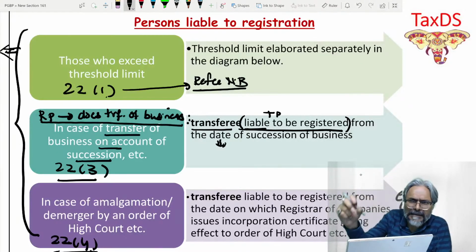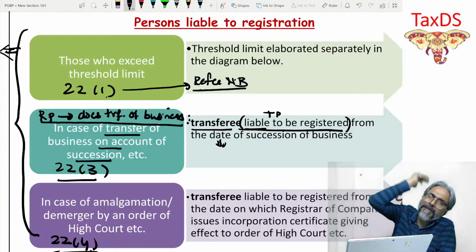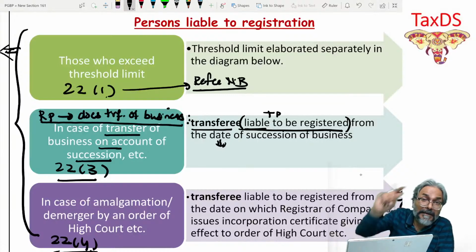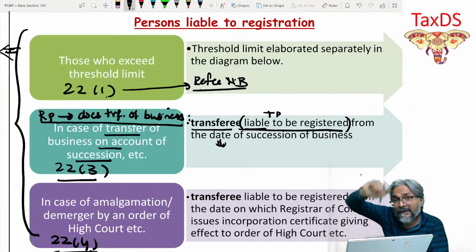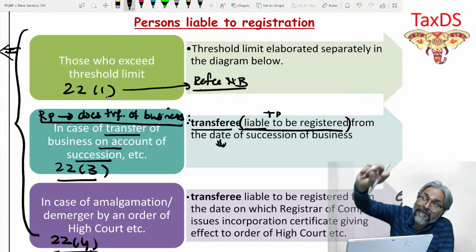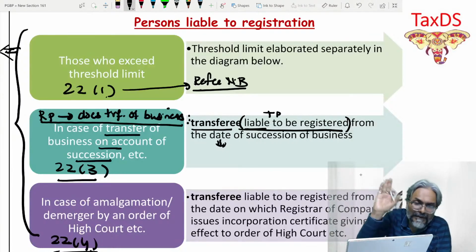Then in that case, whenever that transferee is registered, that registration will go backdated. Which backdated? This date, the date of succession. But if he makes an application after 30 days from this date, then the registration will take effect from the date when the registration was granted. When the registration was granted.